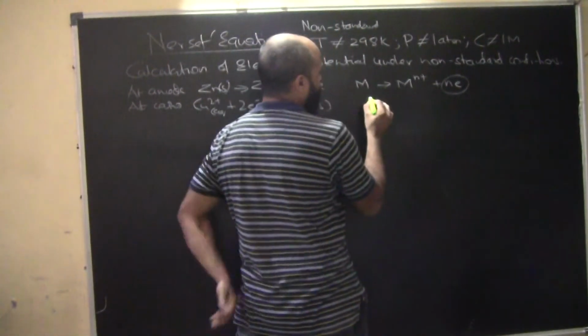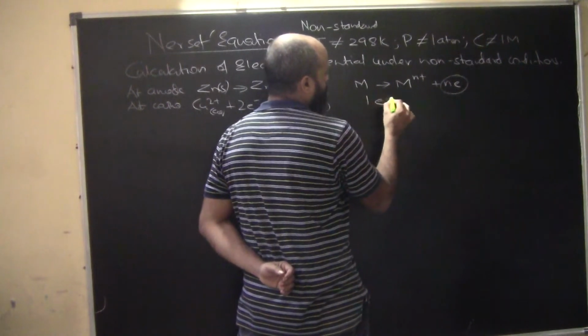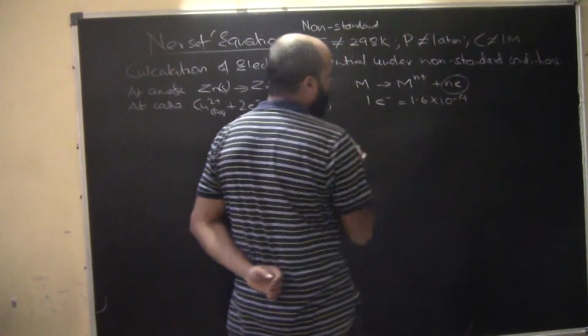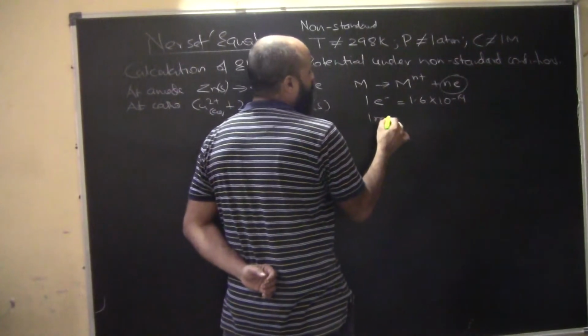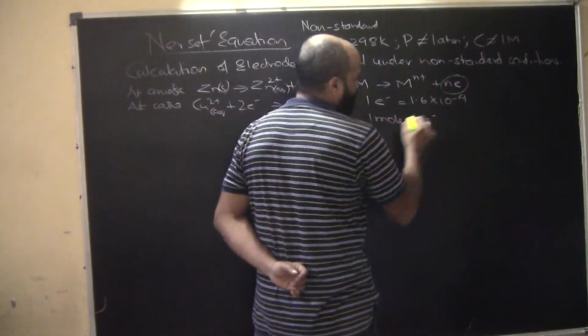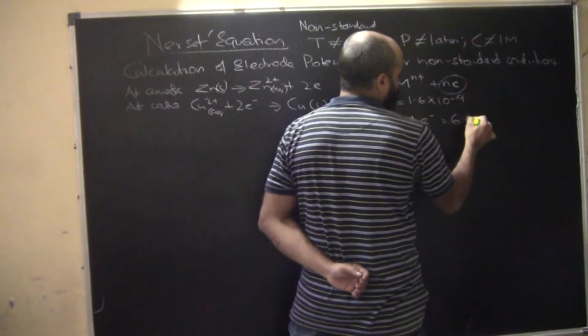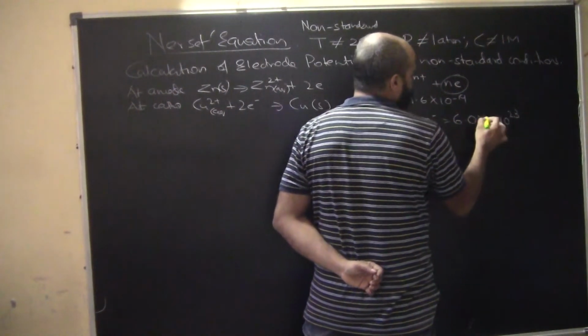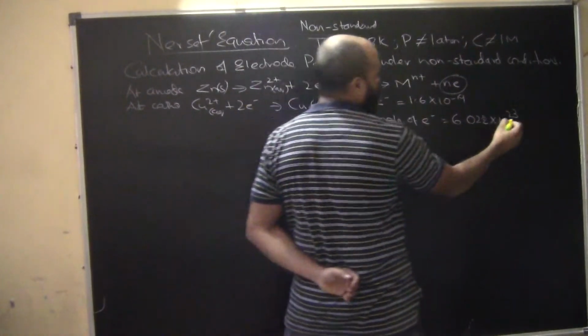We know that 1 electron carries a charge of 1.6 into 10 to the power of minus 19 coulombs. Similarly, 1 mole of electrons is Avogadro's number, 6.022 into 10 to the power of 23 electrons.